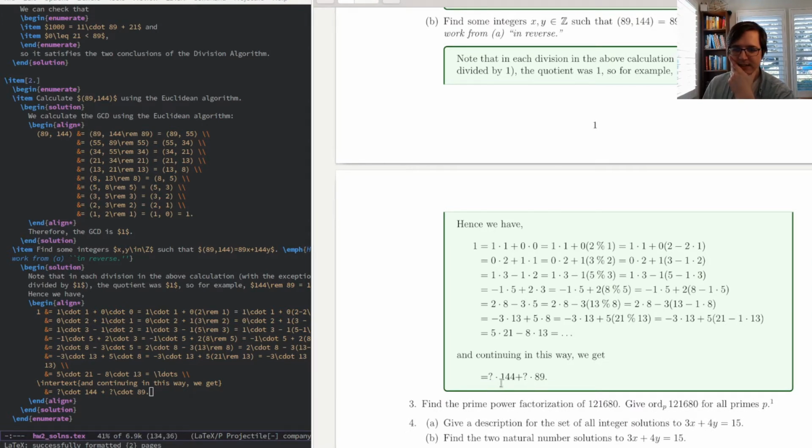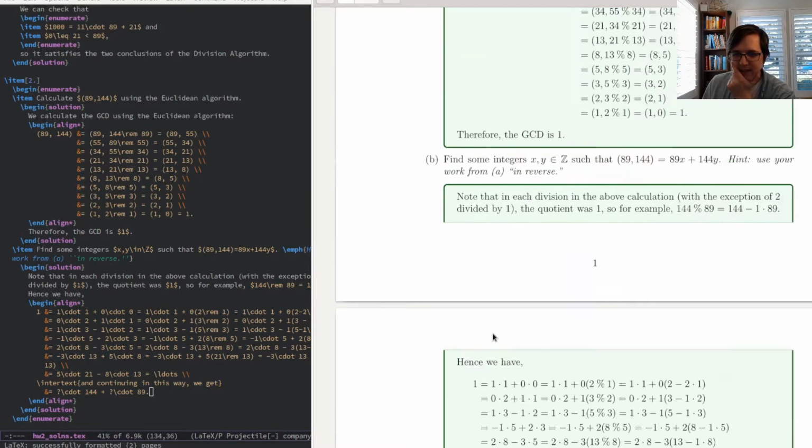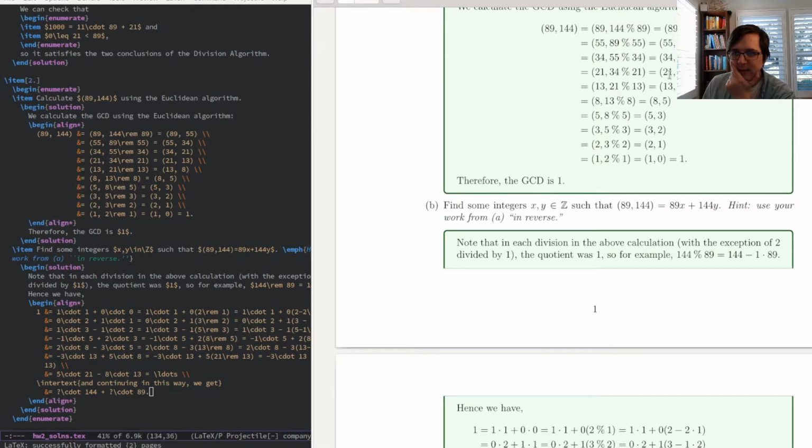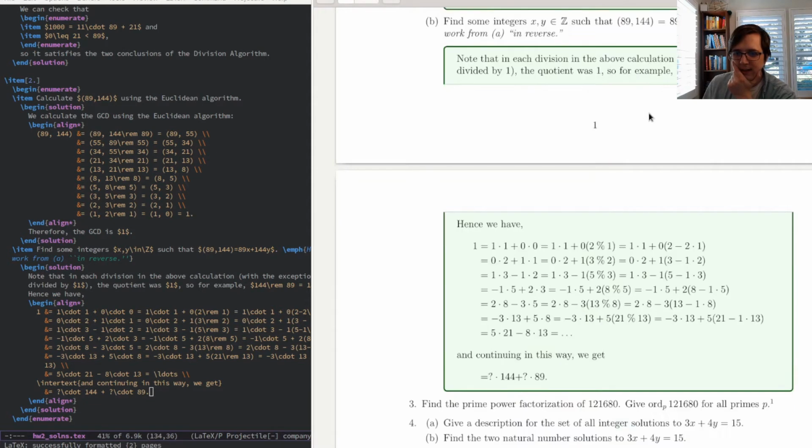So let's fill these in. So 21, 13, 8, 5? Is that how that goes? So then 144, let's see, what was the order? 21, 13. So it's kind of interleaved in this odd way.